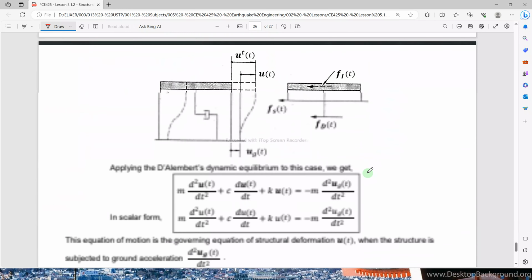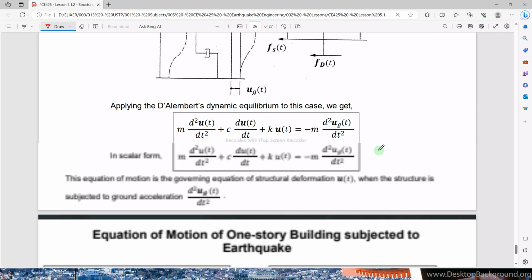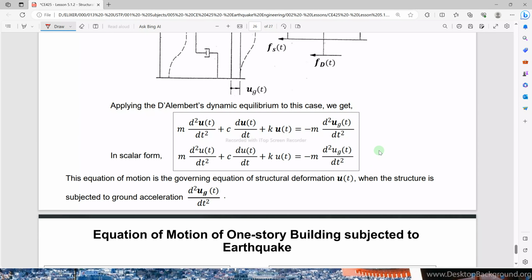So muna na siya mahitabo na bago si equation of motion na to. So we have here, in scalar form, this is the scalar form. So ato lang ipagawas dire si katong due to the ground acceleration.